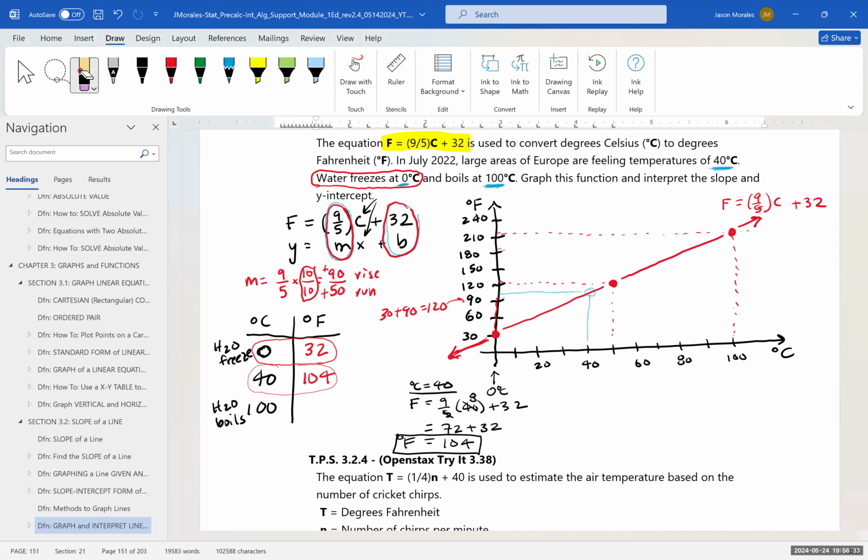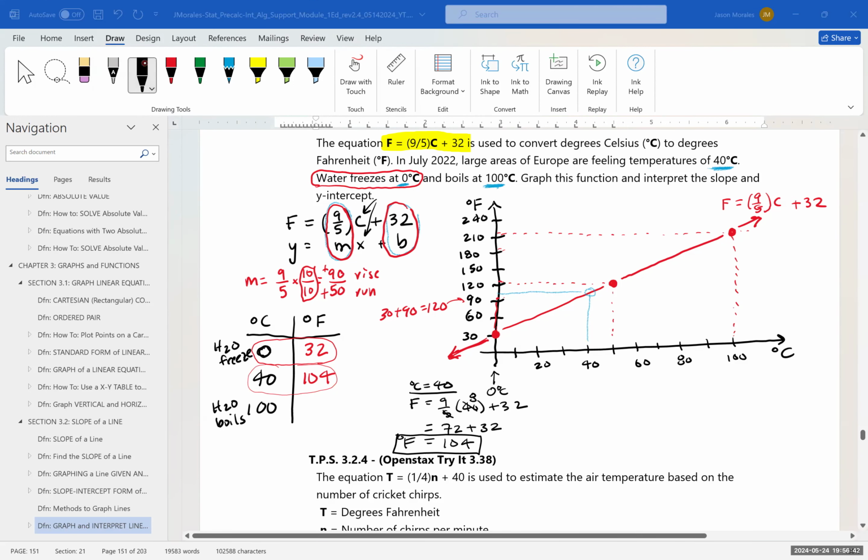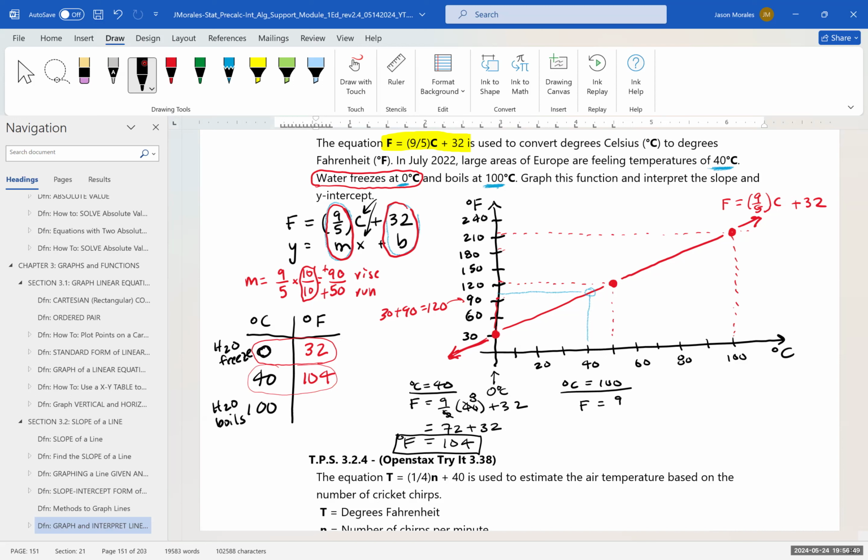How about 100? If the degree centigrade is 100, then Fahrenheit is equal to 9/5 times 100 plus 32. 5 goes into 100 20 times, and 9 times 20 is 180 plus 32.